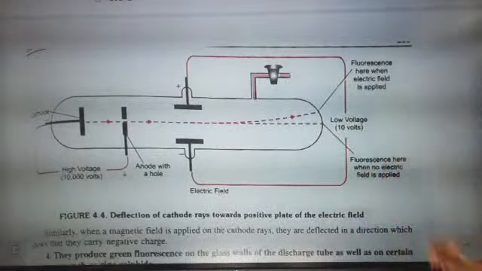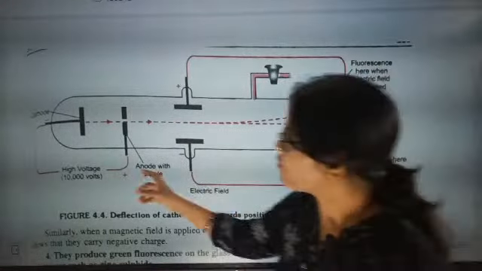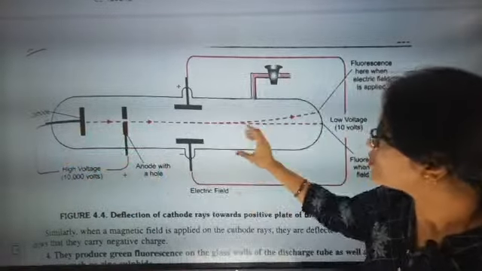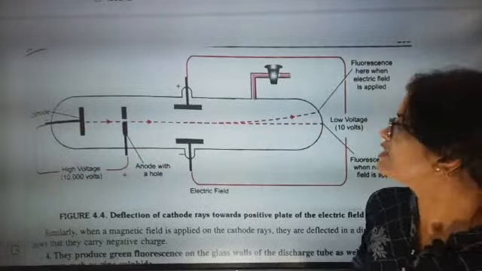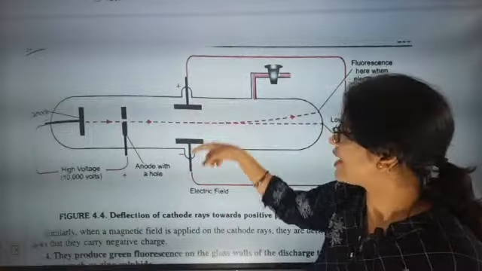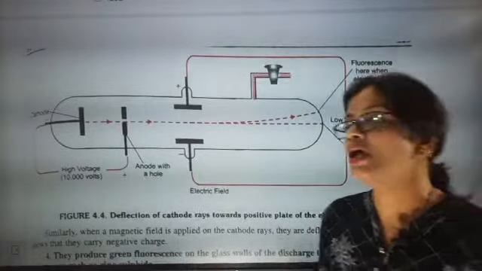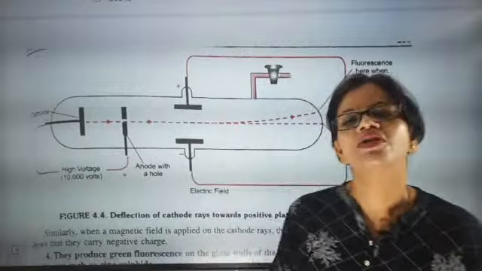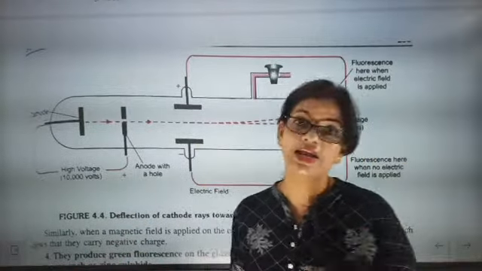Now the most important thing is, when high voltage current is applied, they kept an extra plate, so an extra electric field has been applied. You know that an electric field has one positive terminal and one negative terminal.